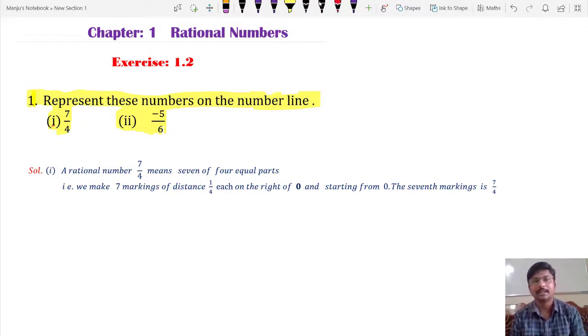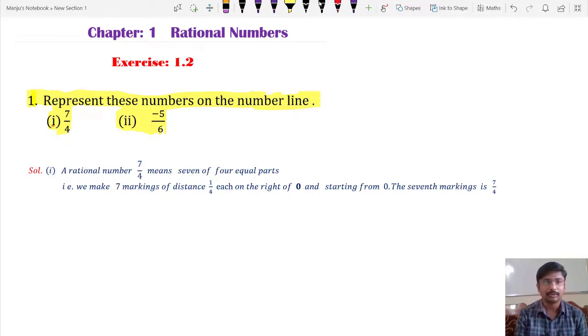That is, we make 7 markings of distance 1/4 each on the right of 0. Why? Because the given rational number 7/4 is positive. Therefore, we have to consider the markings on the right side of 0, and starting from 0, the 7th marking is 7/4.